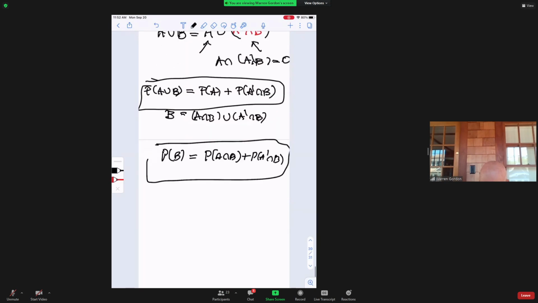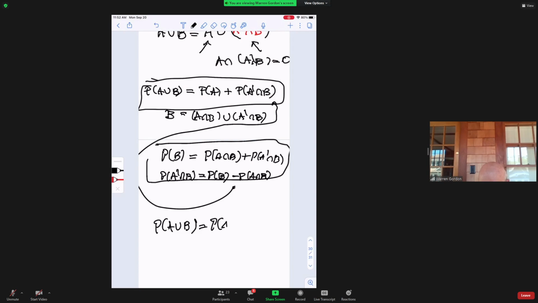So if I rewrite this expression as P of A complement intersection B equals P of B minus P of A and B, and then substitute up here, I end up with P of A union B is equal to P of A plus P of B minus P of A intersection B. By the way, this is almost the same formula you had for counting the number of elements in the union of two sets.